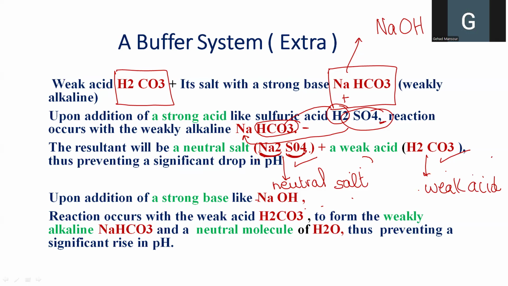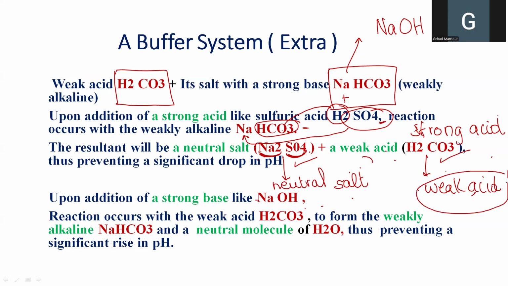Have we benefited? Have we gained anything from this buffer system? Yes, we started by adding a strong acid, which was capable of lowering the pH to a great extent, and we ended up with something neutral and something weakly acidic.